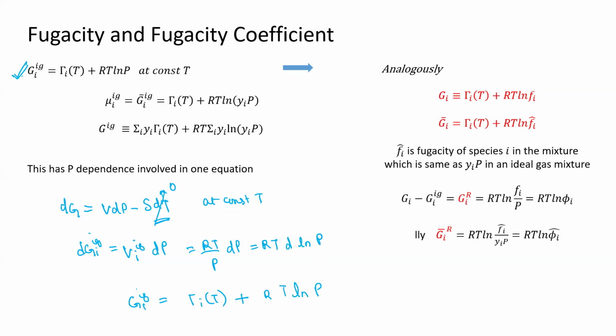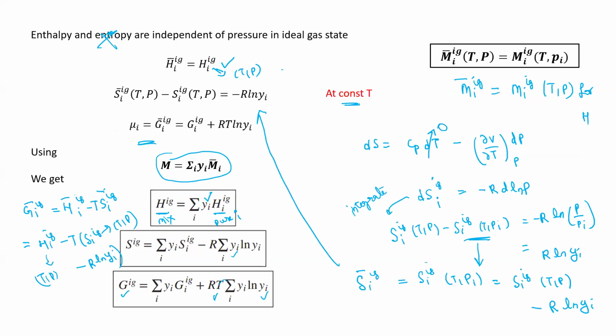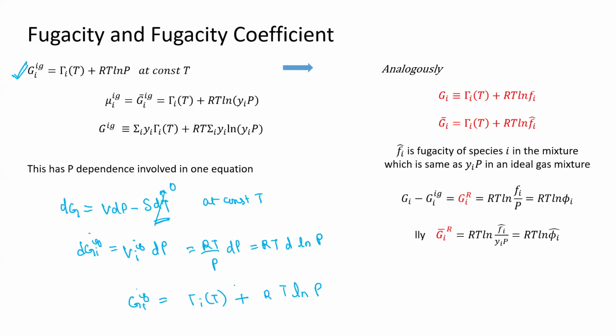Earlier it was similar, but there it was a summation dependent only on temperature and y_i. Here I'm writing it in terms of temperature, pressure, and y_i. This P, if it is going into a mixture, can be described as y_iP, RT ln y_iP. This P will become P_i inside the mixture.